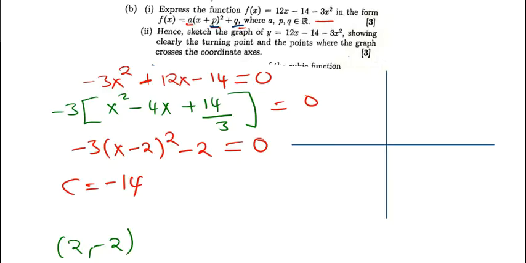Okay, so 2, -2. So that's the turning point. The y-intercept, we said it's -14. So let's say somewhere there.